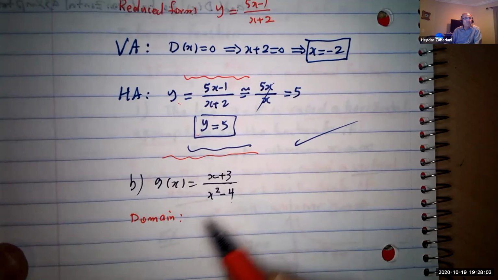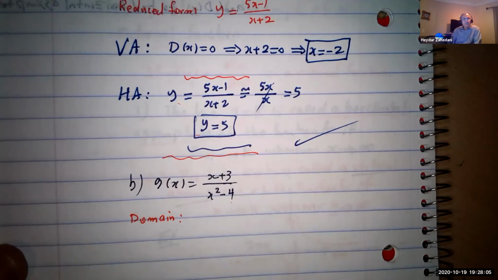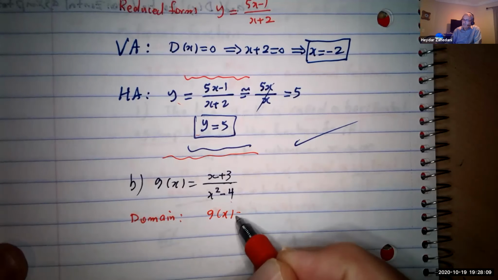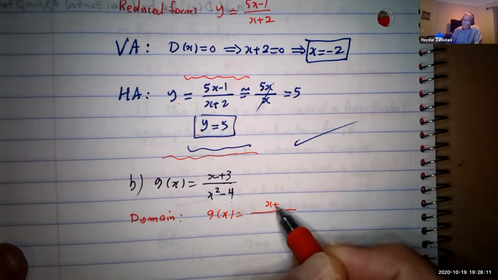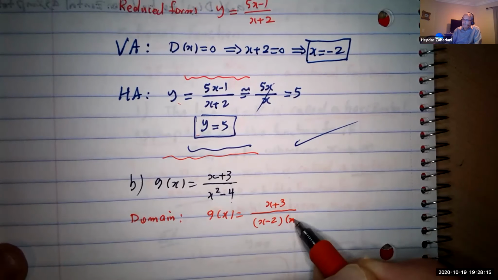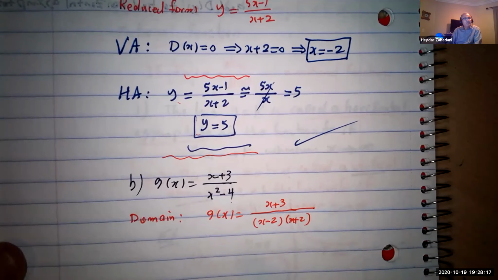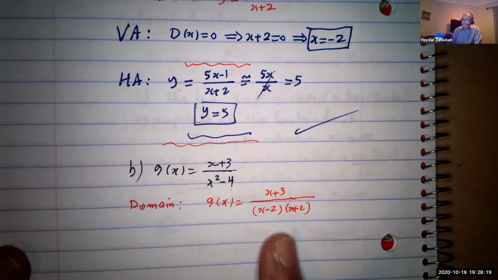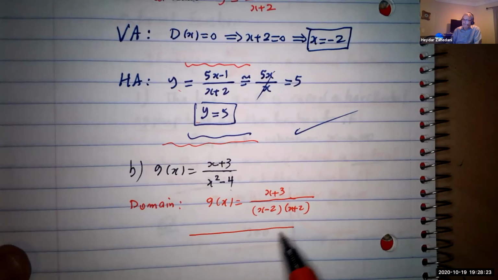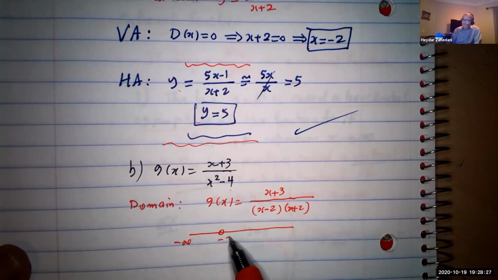You know that. You have to factor the denominator. So that would be what? I write it down. G of x equal to x plus 3 over x minus 2 times x plus 2. So the denominator is going to be 0 at 2 places. So you have to exclude negative 2 and positive 2.